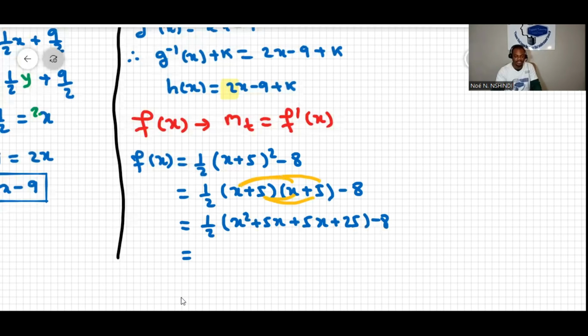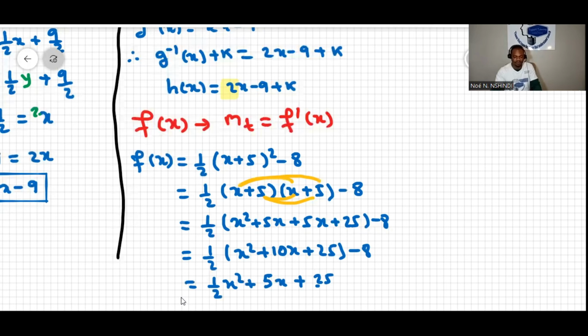This makes a half, x squared plus 10x plus 25, minus 8, and this makes a half x squared plus 5x, plus 25 over 2, minus 8.